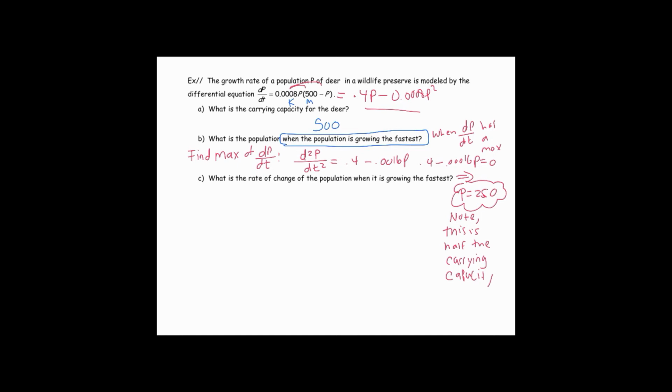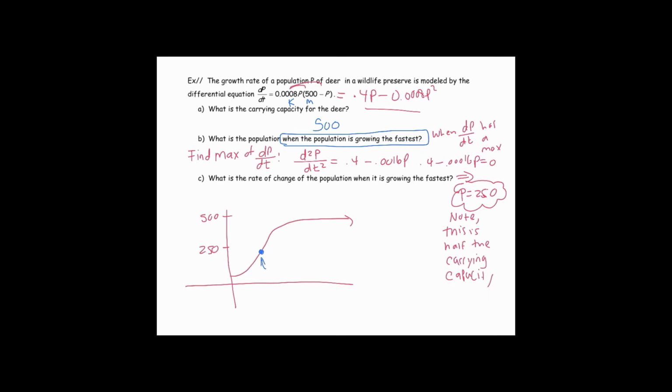So here's our logistic growth curve. We don't know the initial population, but a logistic growth curve will start like this and flatten out like that, where that's our carrying capacity. So in our case, the M is 500, and right at 250, right here, that'll always be when the population is growing the fastest, half of the carrying capacity.